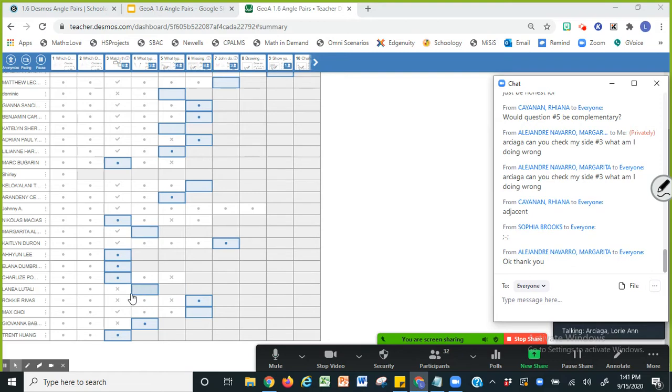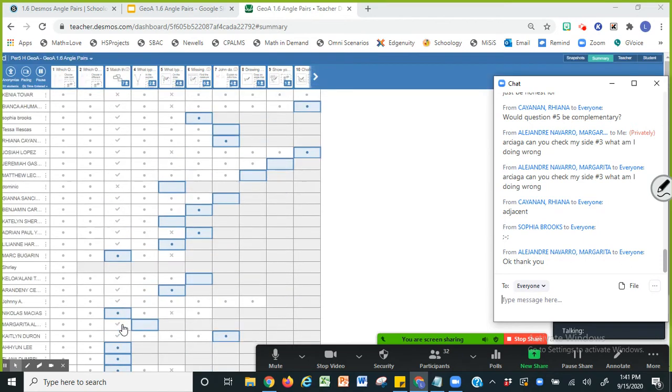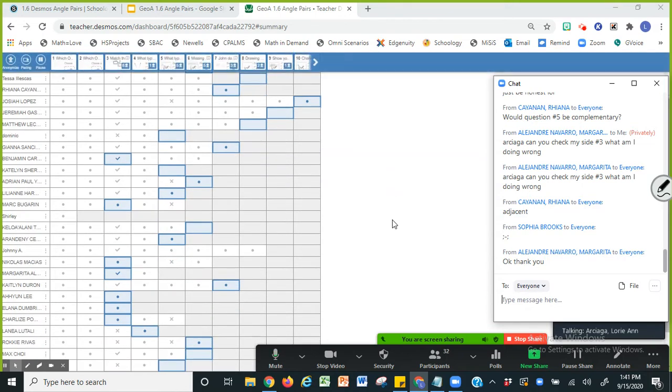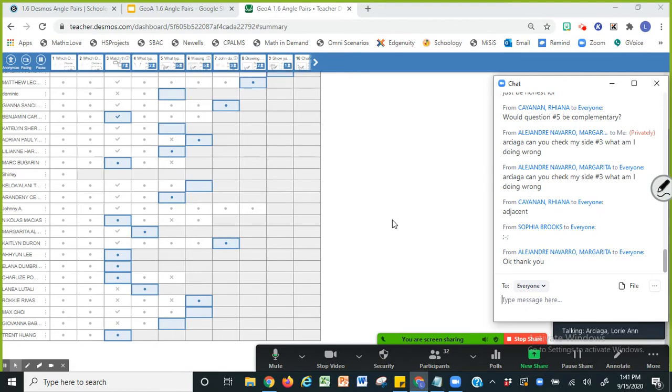Do as many slides as you can and then go back later to those you got an X mark in, because sometimes we learn something from a different example that reminds us of how to do another example or the previous one.